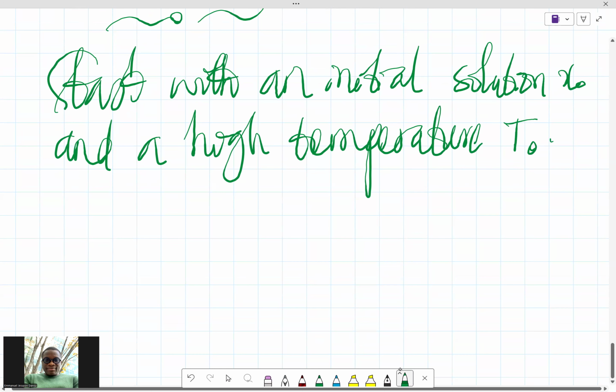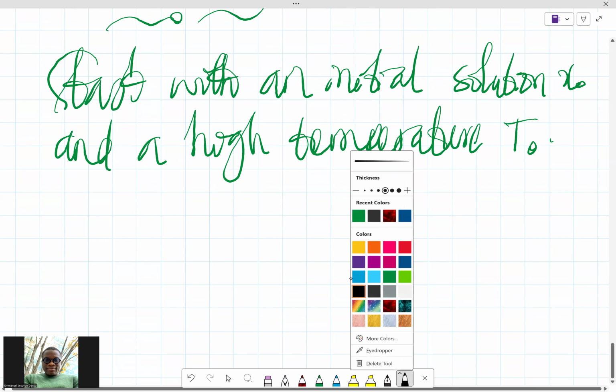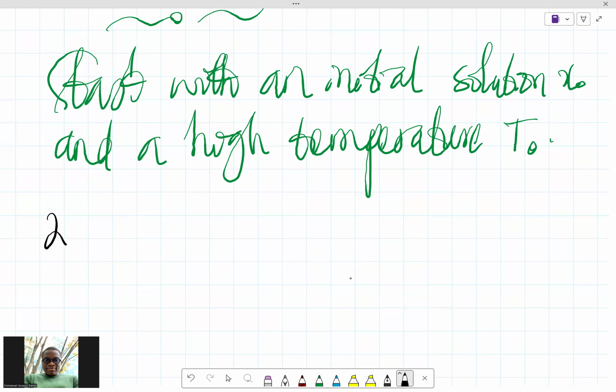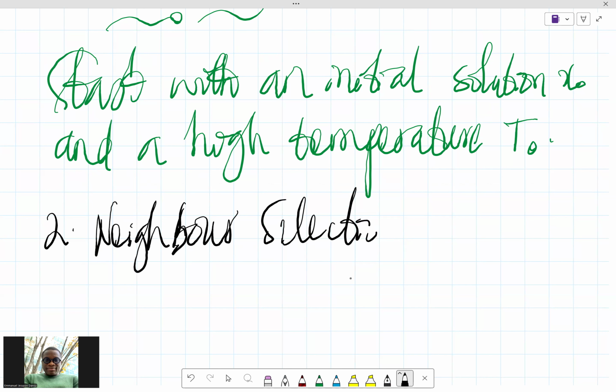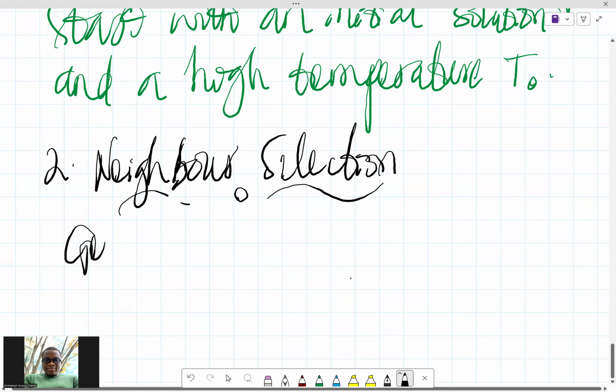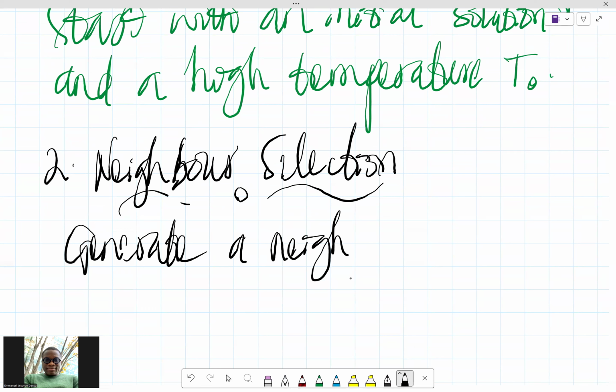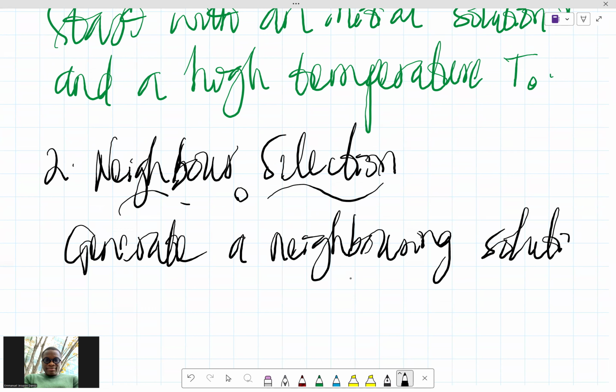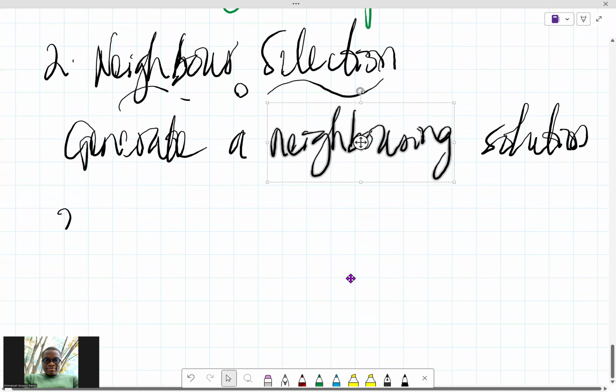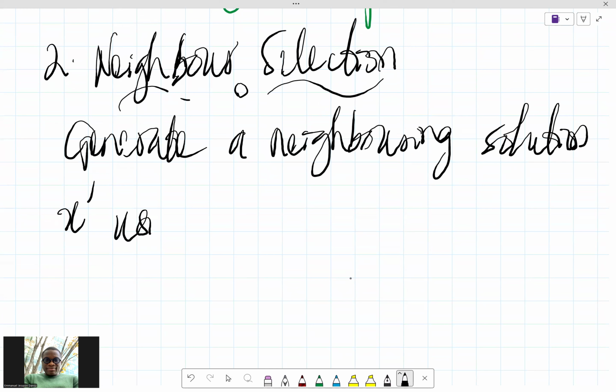After that, we go for number two, which is the neighbor selection. Like we've seen before, you generate a neighboring solution, called X prime, using a small perturbation.